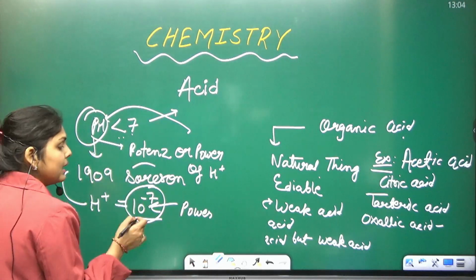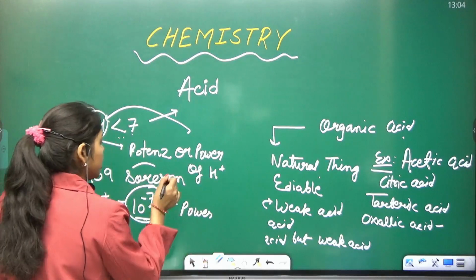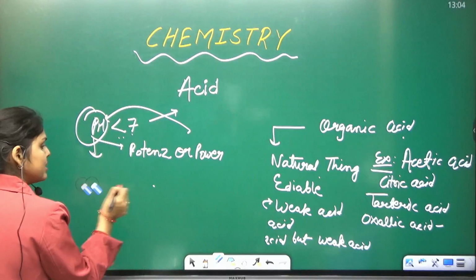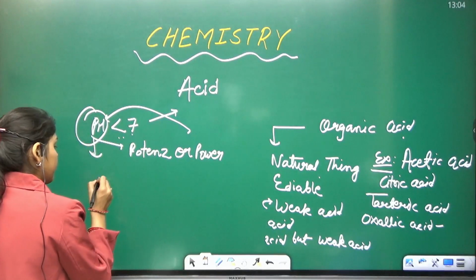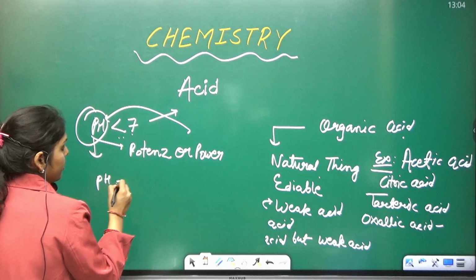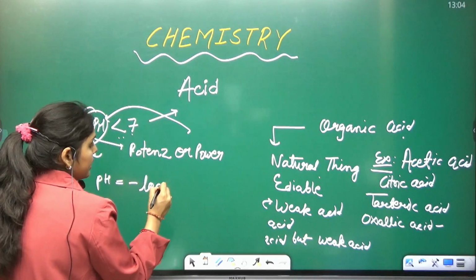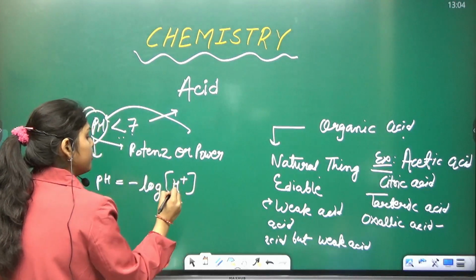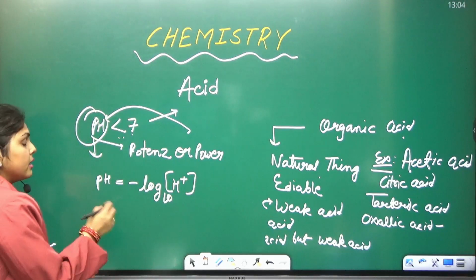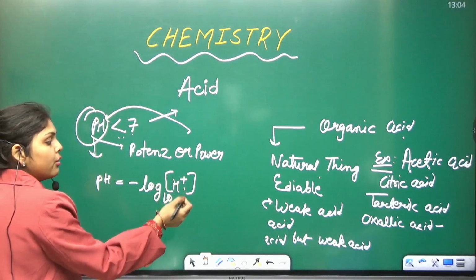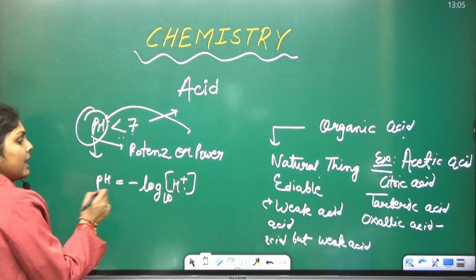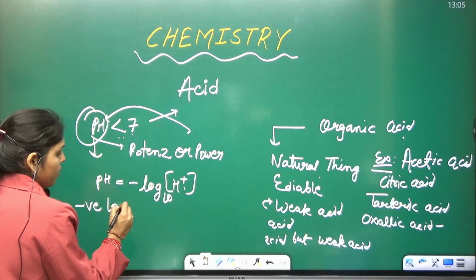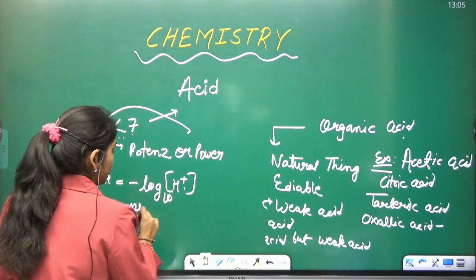So he did a mathematical calculation, which is like this: pH is equal to minus log 10 of the H plus ion concentration. So according to him, pH is the negative log of the hydrogen ion concentration.